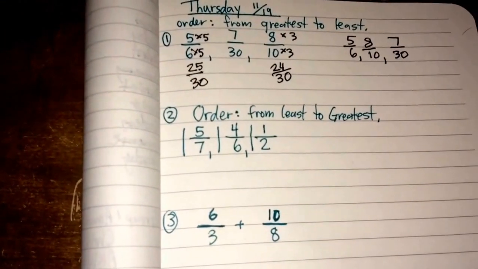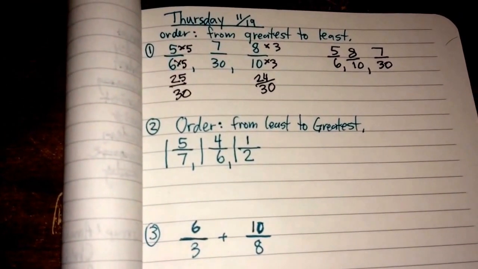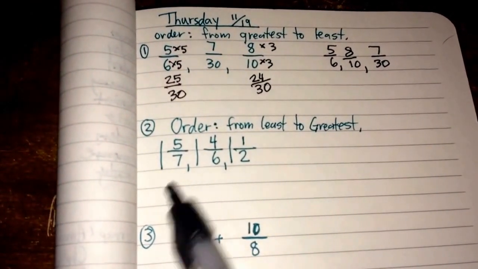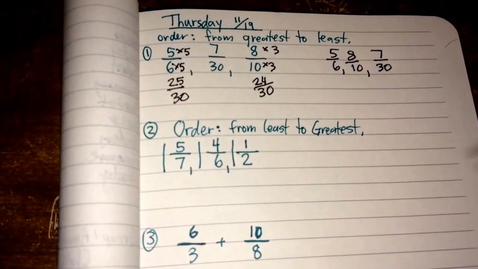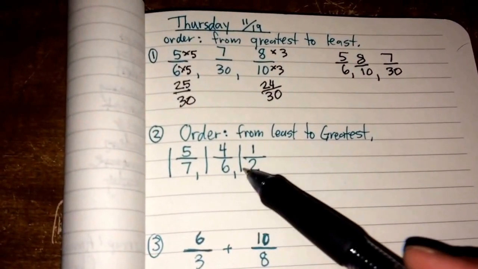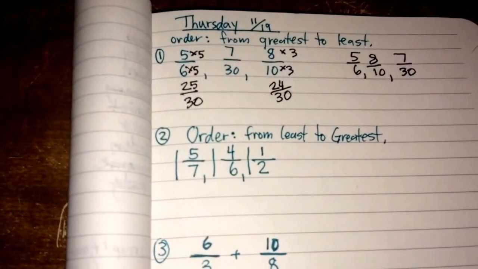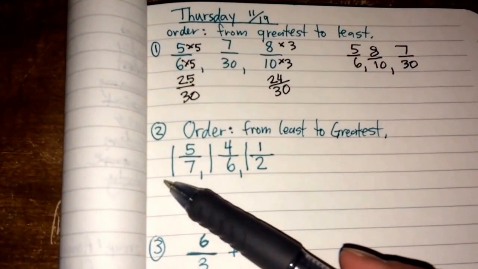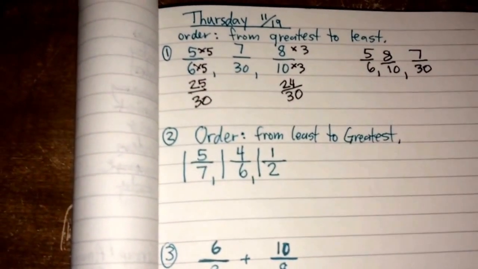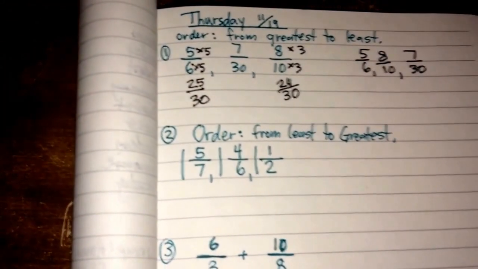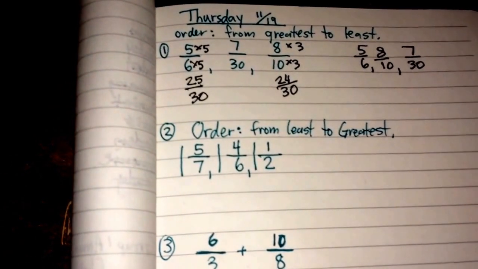All right. Once again, I have another order, from least to greatest. Oh, it's least to greatest this time. But we need to convert our mixed numbers into improper fractions to help us better see that they all have a 1. Somebody was pointing out to me earlier that, say this is 1 5/7, 2 4/6, and 3 1/2. Well, that would be pretty easy, and I already just named them in order from least to greatest, right?